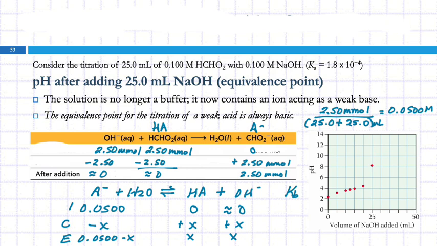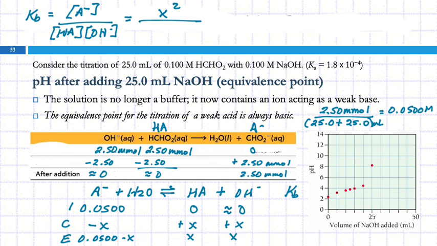There's not enough space. So Kb is equal to [A minus] over [HA] times the hydroxide ion concentration, which is the things we've got down here: x squared over 0.0500 minus x.